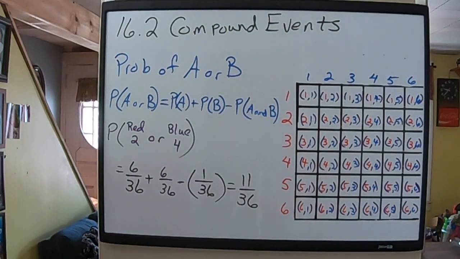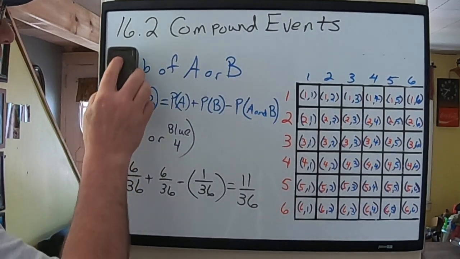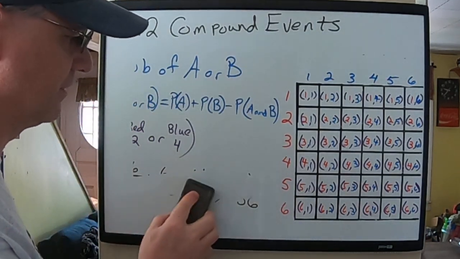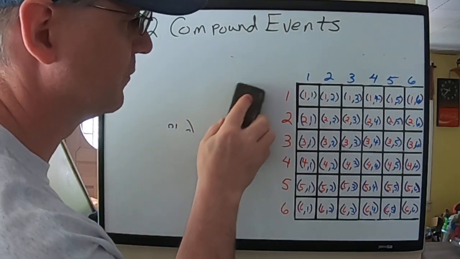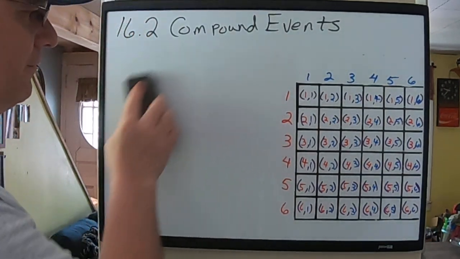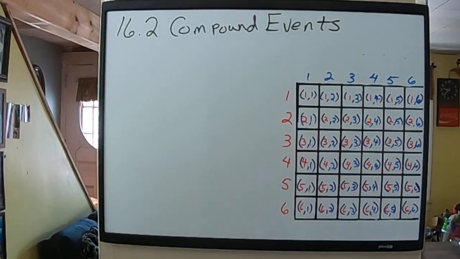Let's do another example with these before we move on to the marbles. All right, let's erase this for a minute, just so we have a little bit more room. Hopefully you wrote all that down. If not, you can write it down later.